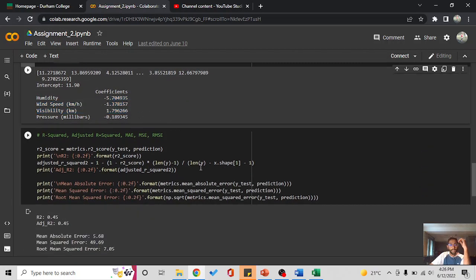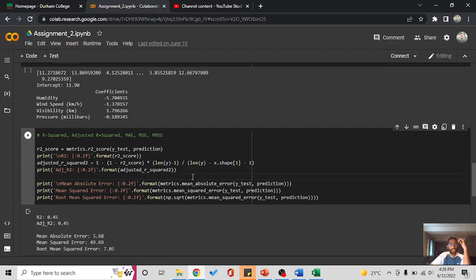Then we will check how good our model is. We check the r square score.